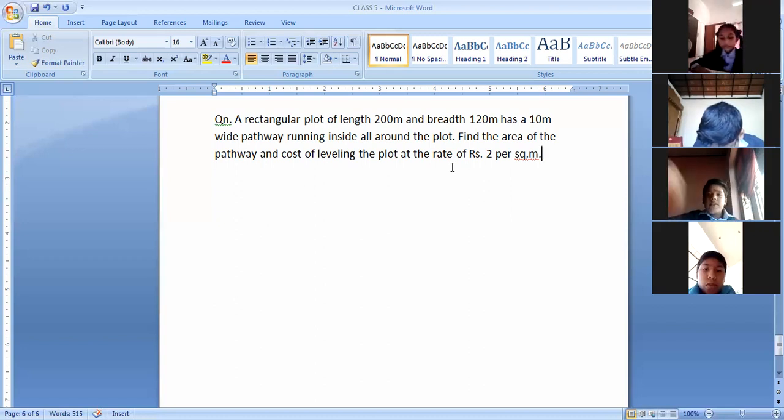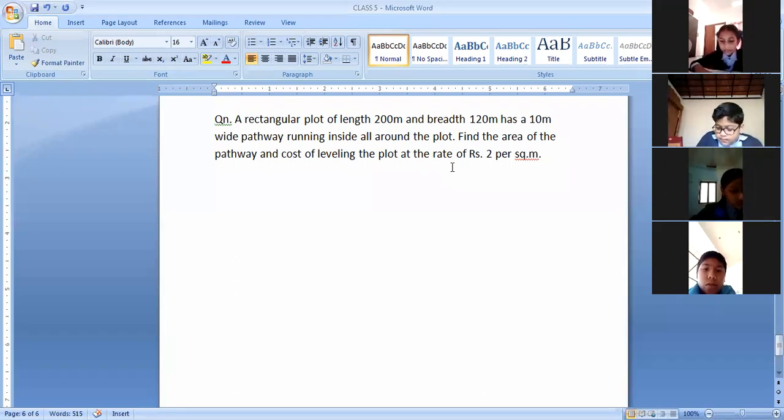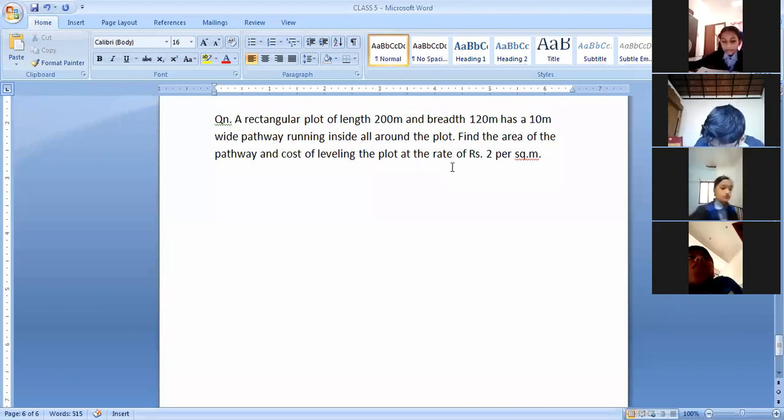Rectangular shape. Yes, a rectangular plot is there. Okay. Do you know the length and breadth of that plot? There is a rectangular plot, that is the first word in that question. Do you know anything about its length and breadth?